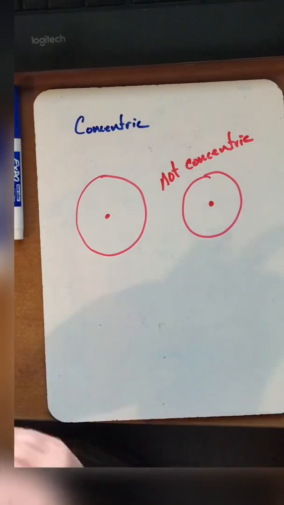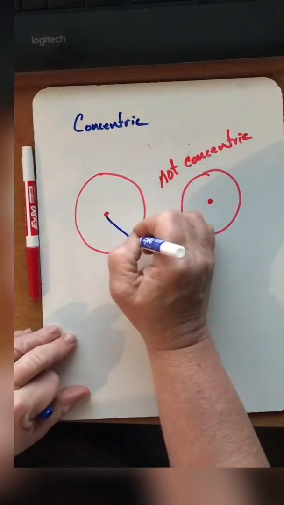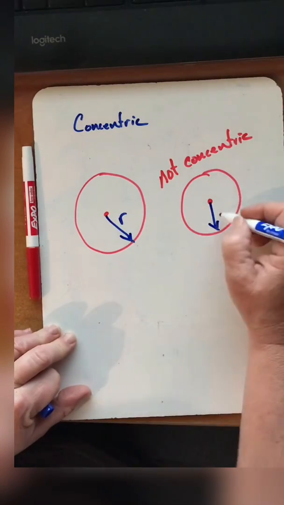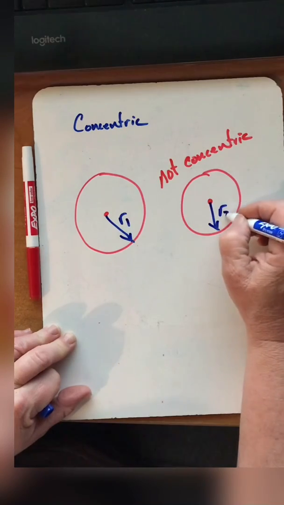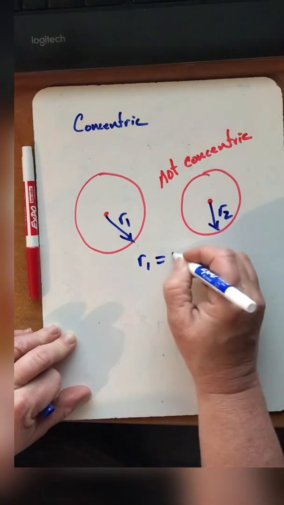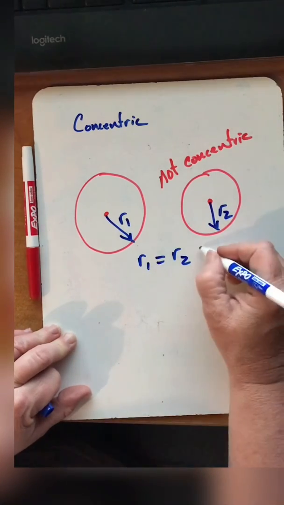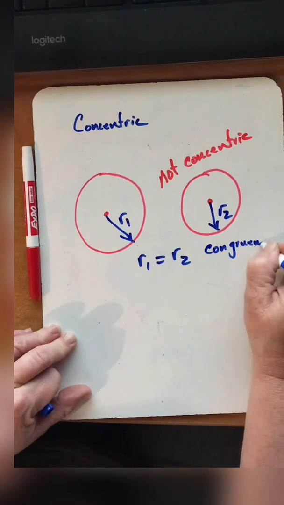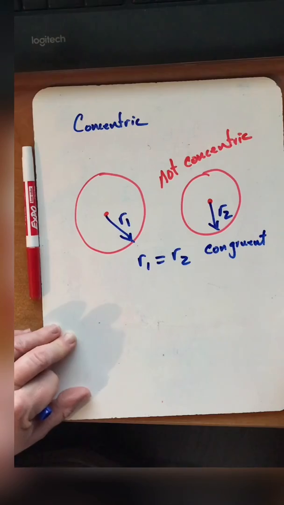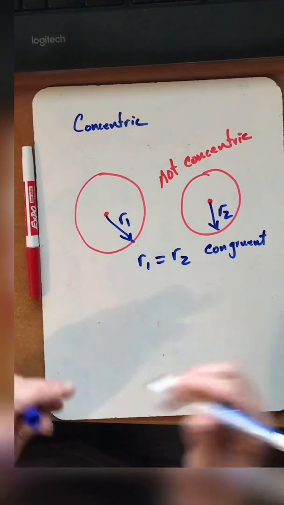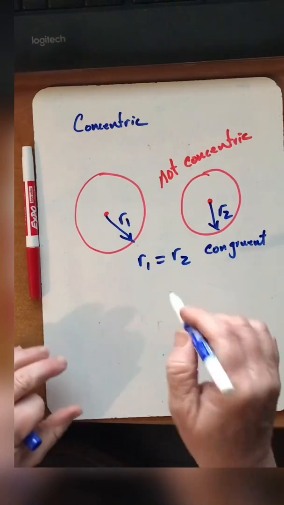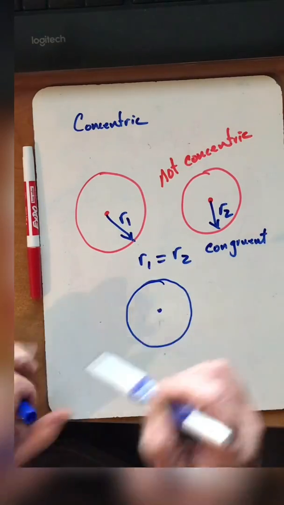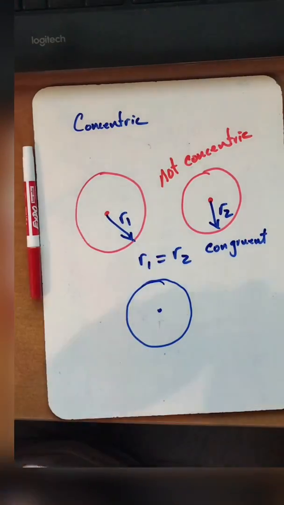Now then, if the radius of both circles, we'll just call this radius 1, radius 2, if they are the same, then those circles are congruent. But they're not concentric. The only way to have congruent concentric circles would be to have a circle the same exact size on top of it.